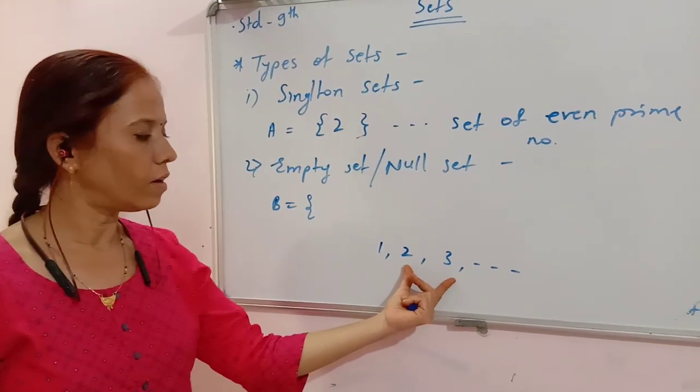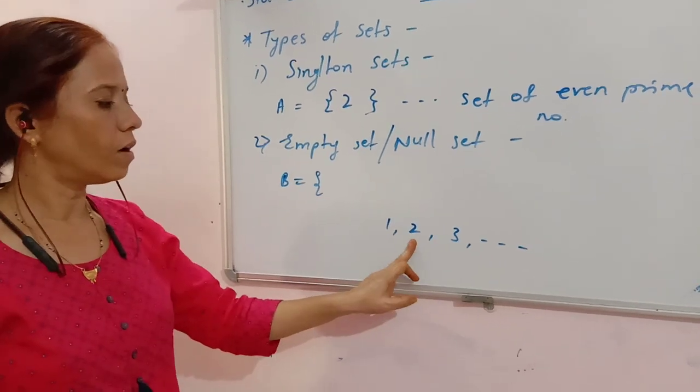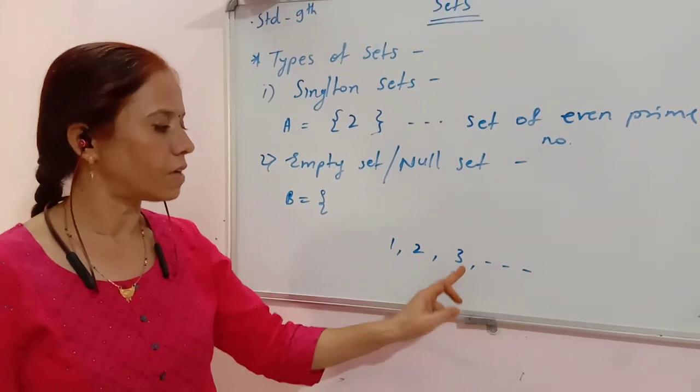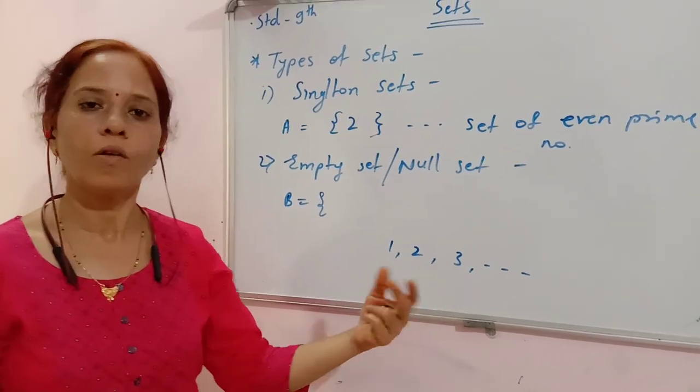If B is a set which contains natural numbers between 2 and 3, are there any other natural numbers between 2 and 3? No, because if 2 is a natural number, the next natural number is 3. There are many numbers between these, but they are not natural numbers.